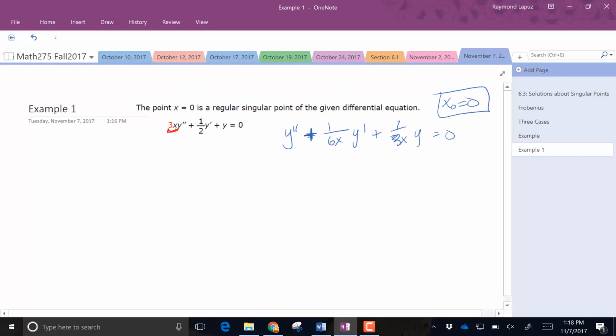And so our capital P of x is 1 over 6x, and our capital Q of x. Yeah, so our term x minus x naught in Frobenius's theorem will just be x.